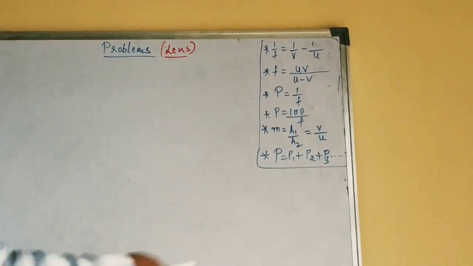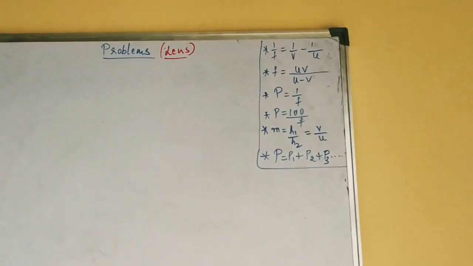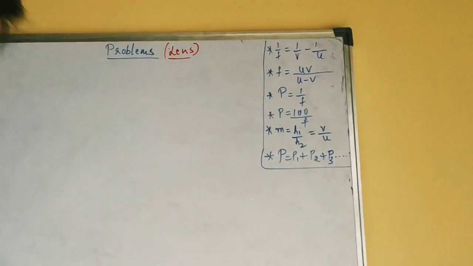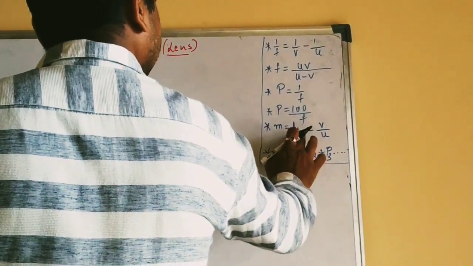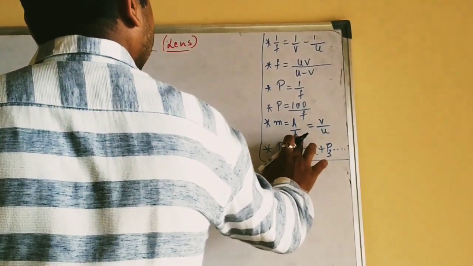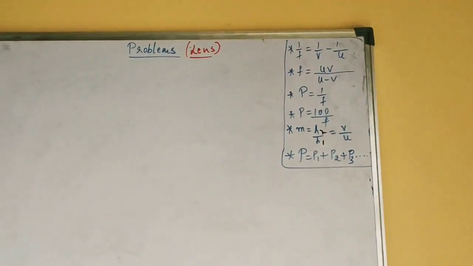Now, for the magnification, we have the formula M is equal to h2 by h1, which is equal to v by u.